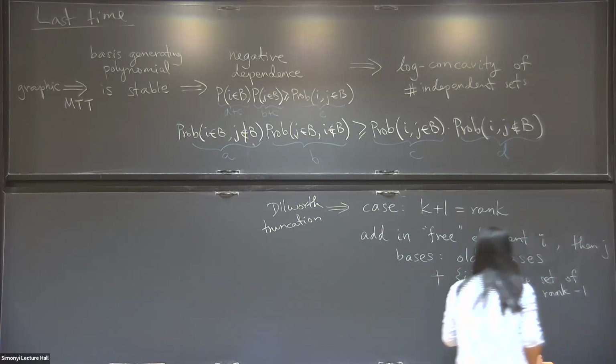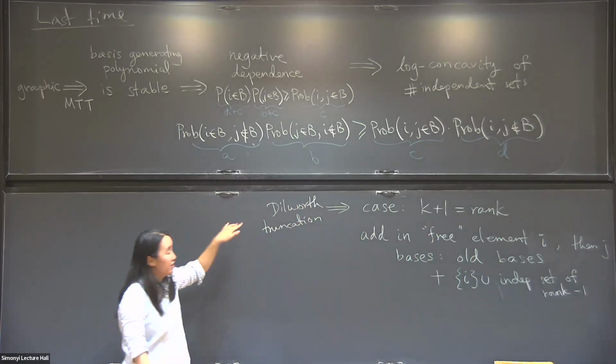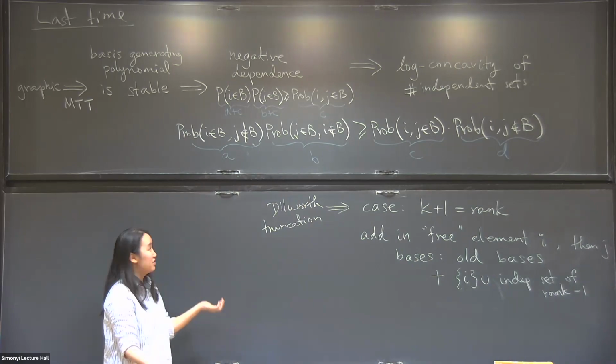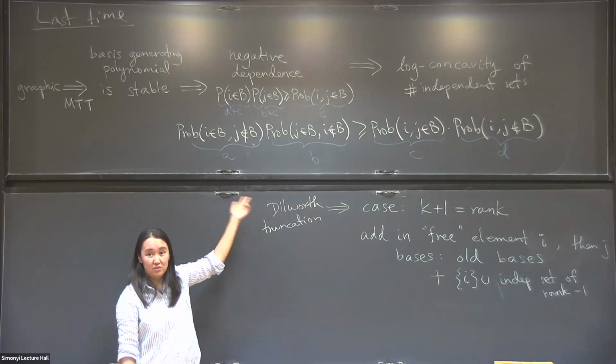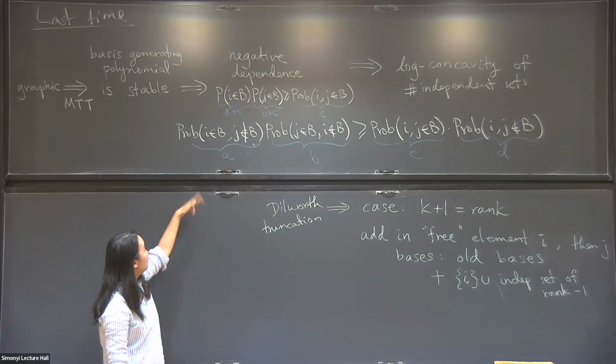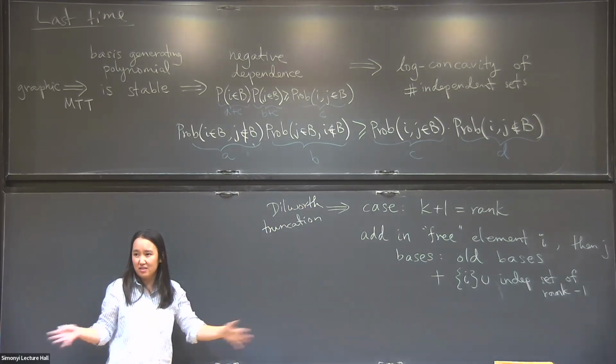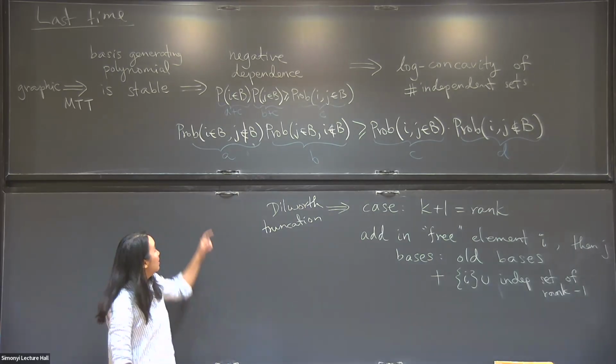Now suppose you have negative dependence for this new matrix. Let's write down what that means by counting. For probability, you're always dividing by the number of bases, so we're just going to forget about that.